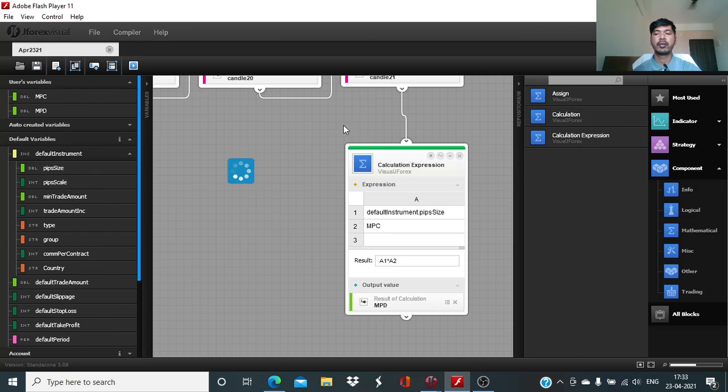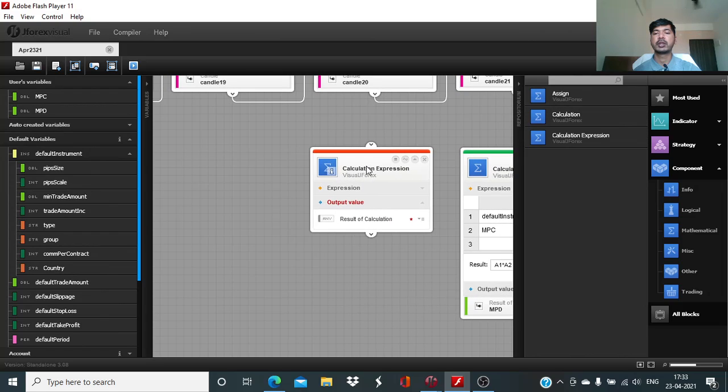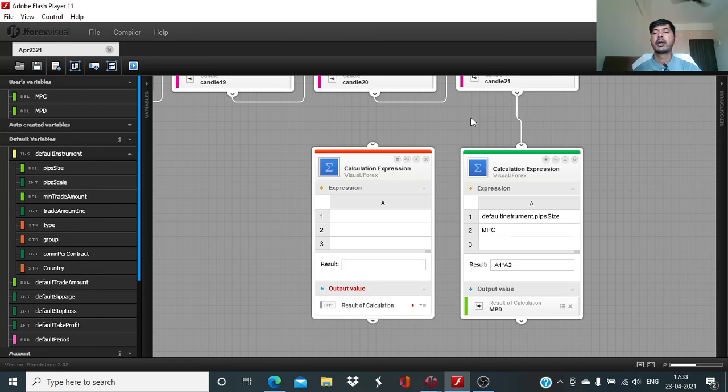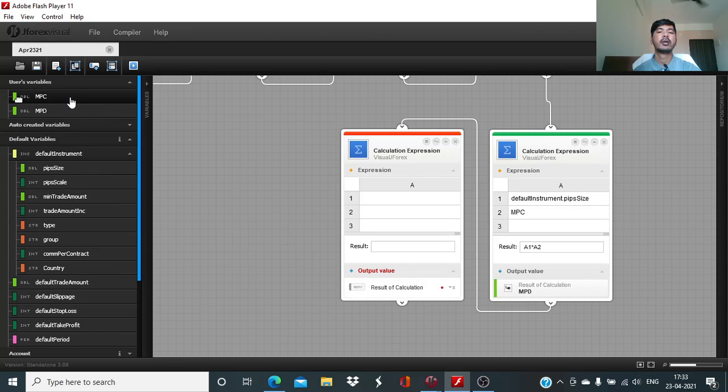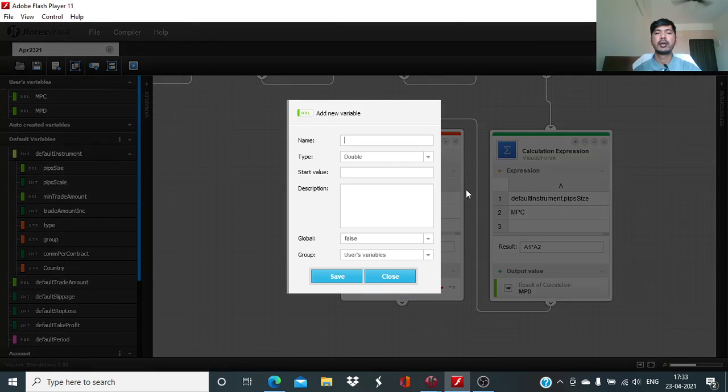So for that we will take one more calculation expression block, and here also a similar calculation will need to be carried out. The default instrument pip size will be multiplied with 45 pips.